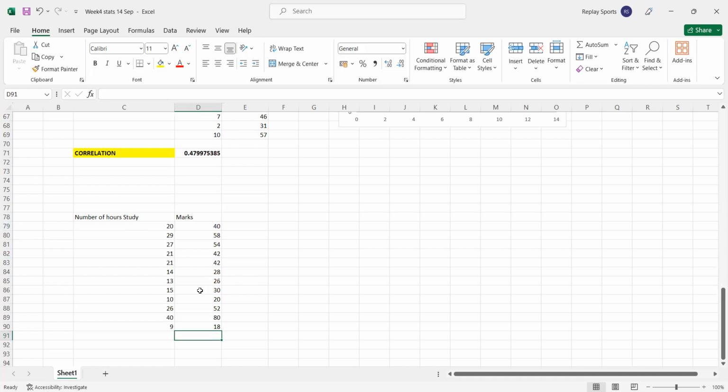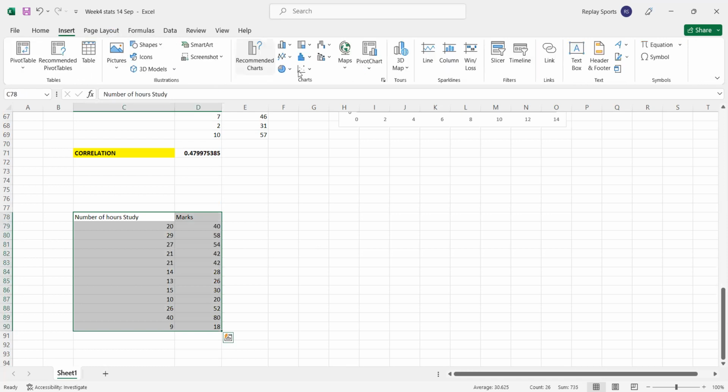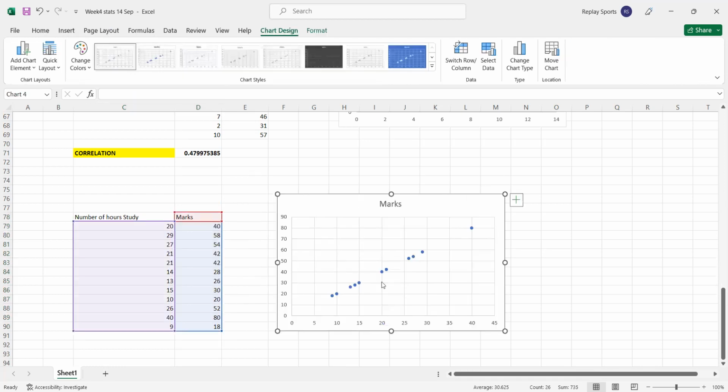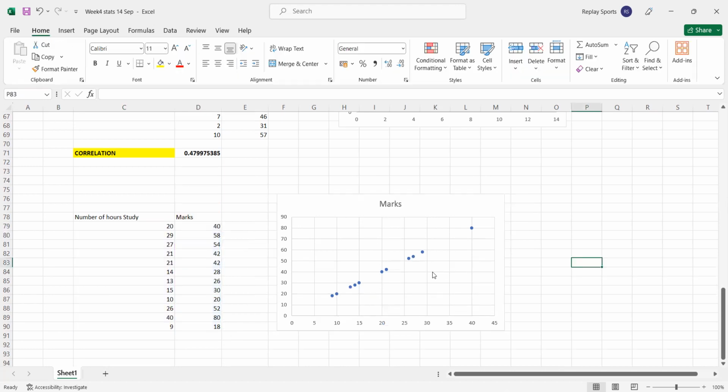So now if you draw this scatter plot, you see this? All the dots are in same line. So if I find a correlation of this, what will I get? Perfect one, positive one.